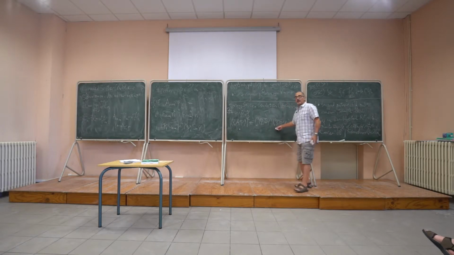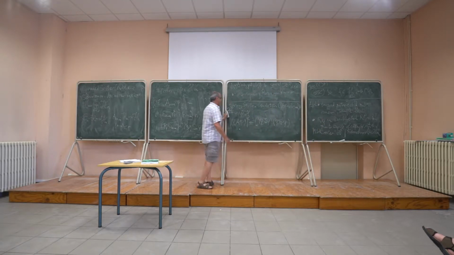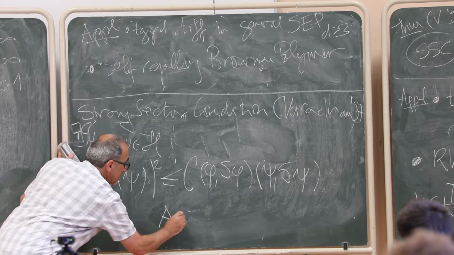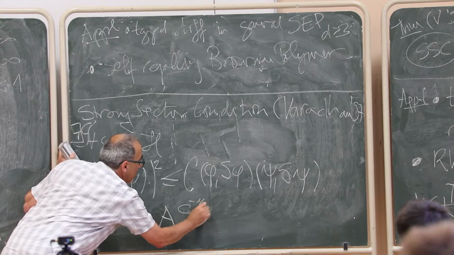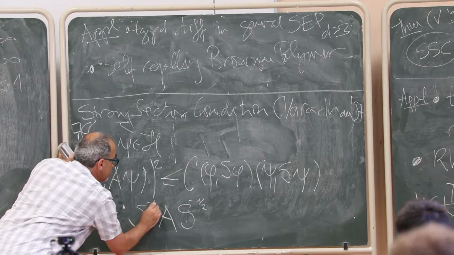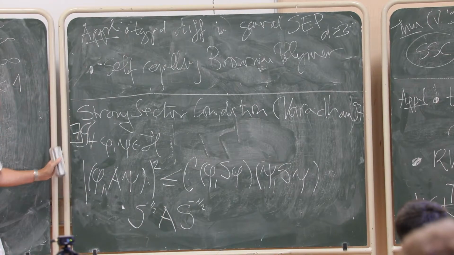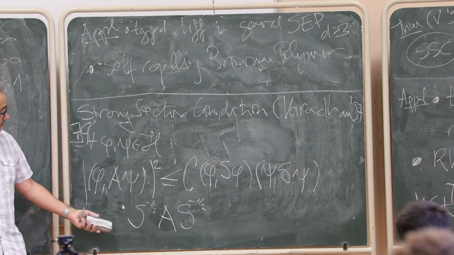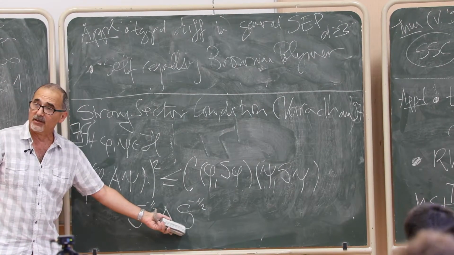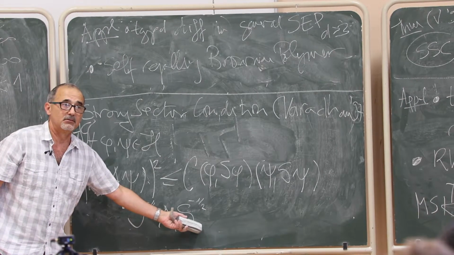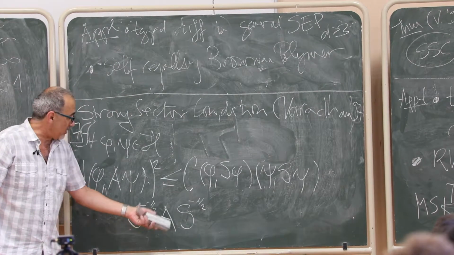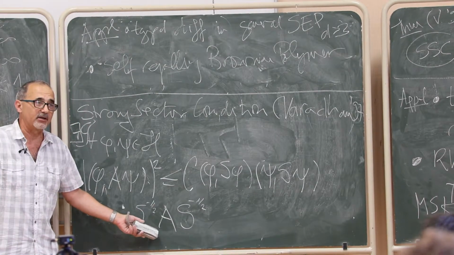This condition, the strong sector condition, is equivalent to saying that A S to the minus 1/2, S to the minus 1/2, as an operator, if I write down this operator, a priori doesn't make any sense, because this is an unbounded operator. You have to specify where you act, because it's defined only densely. Say this guy is bounded, not to complicate our life.